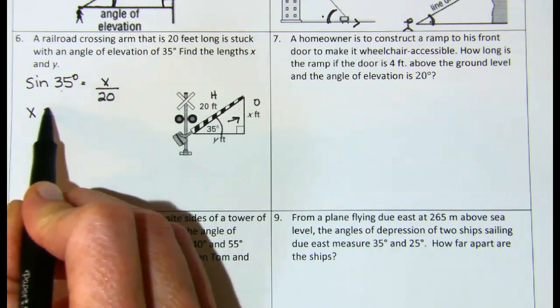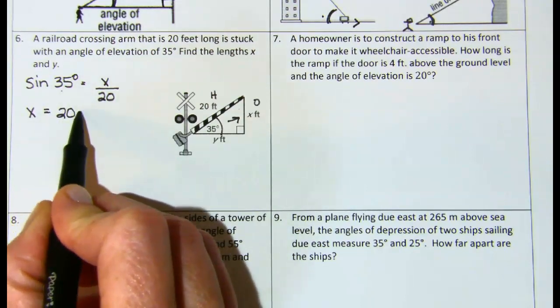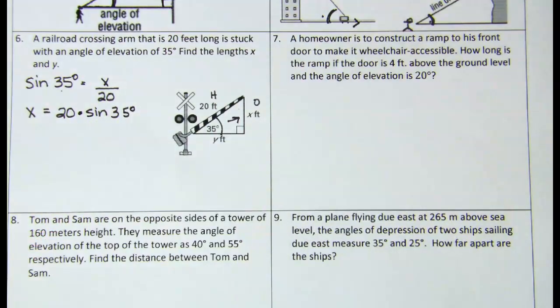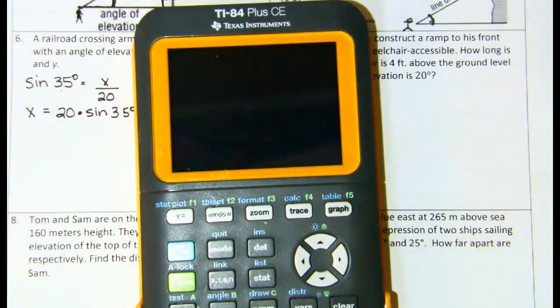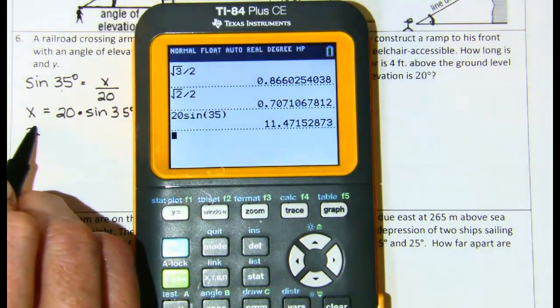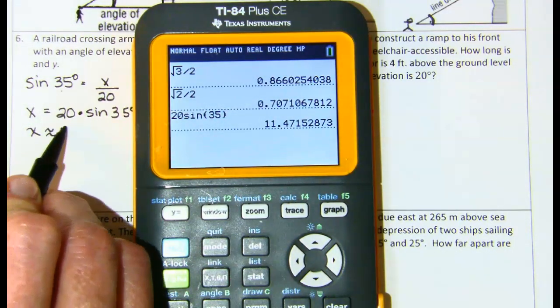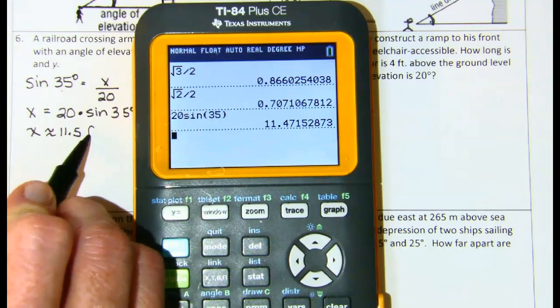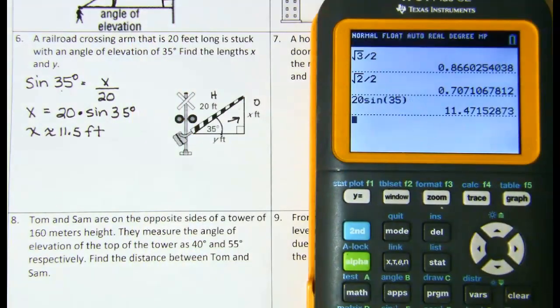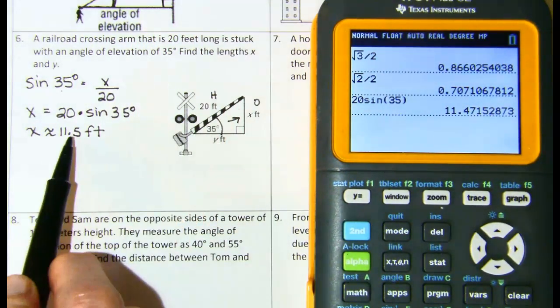So X equals 20 times sine 35 degrees. And I'm going to use the calculator now to calculate this. 20 sine 35 degrees is going to give me X is approximately 11.5 feet.